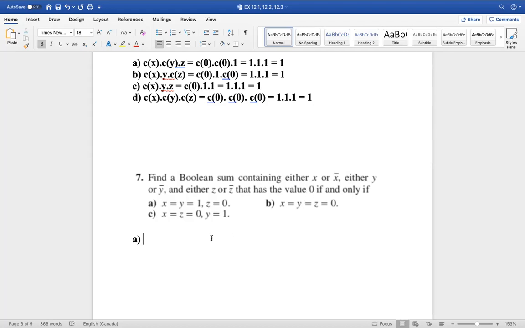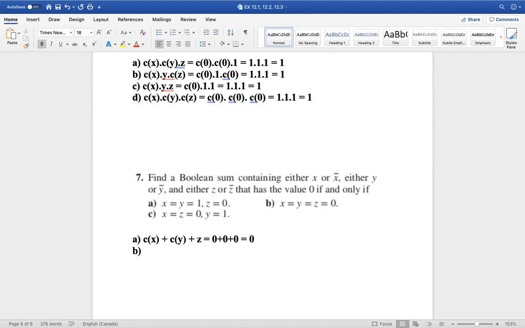So all of them must equal 0. We take the complement of x, sorry, it's a sum. So complement of x plus complement of y plus z, which is already 0, so we don't need to take the complement. This becomes 0 plus 0 plus 0, which is equal to 0.